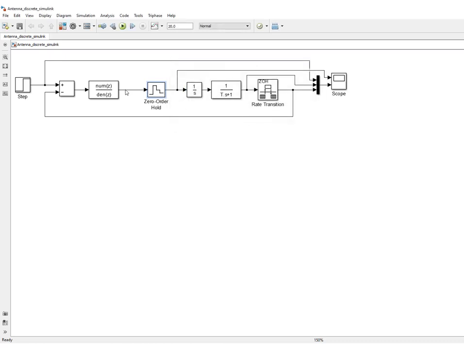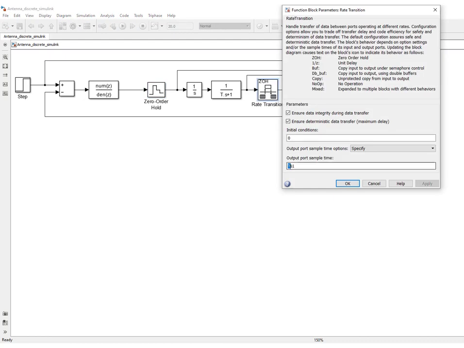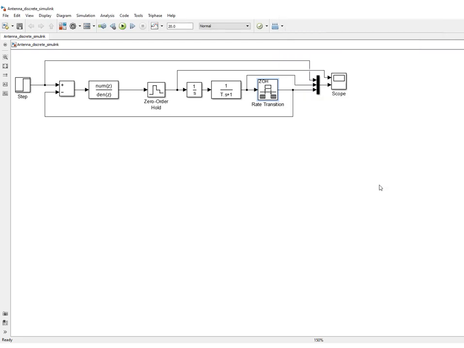So here we have the digital to analog conversion, and this is the continuous time process, and after the process we have of course the analog to digital conversion, and this can be implemented using a rate transition. Again, do not forget to set the appropriate sampling time over here.